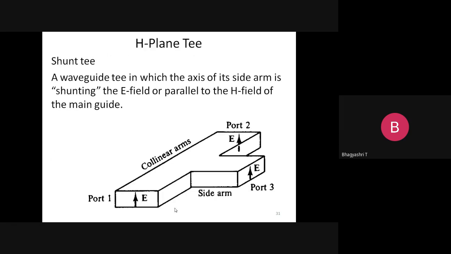Now, similarly, can you find out the matrix for the H-plane T by using the same properties? The H-plane T is also called a shunt T. It is a waveguide T in which the axis of its side arm is shunting the E field or parallel to the H field of the main guide.